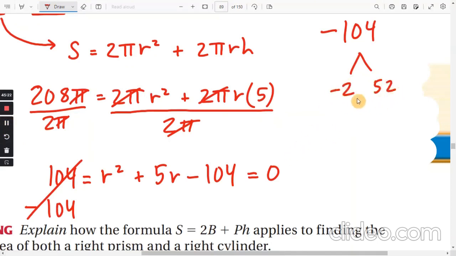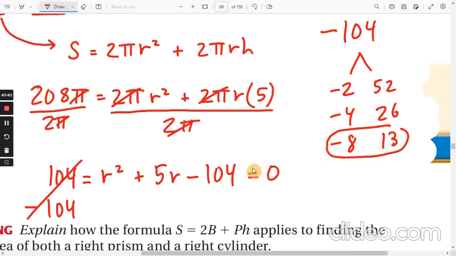Those are too far apart. Let's see if we try negative 4. See, I doubled this, and then I'm going to take half of this times 26. That's no good. Let's double this again, negative 8, and then take half of this. It's 13. Okay? And these two numbers add to 5.